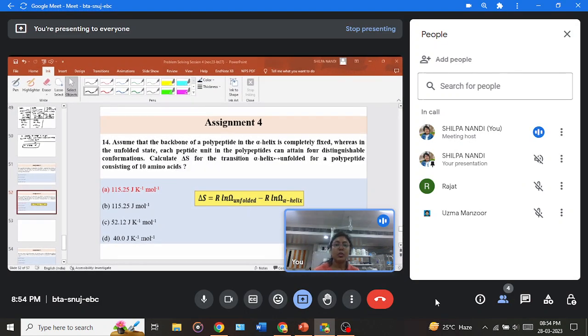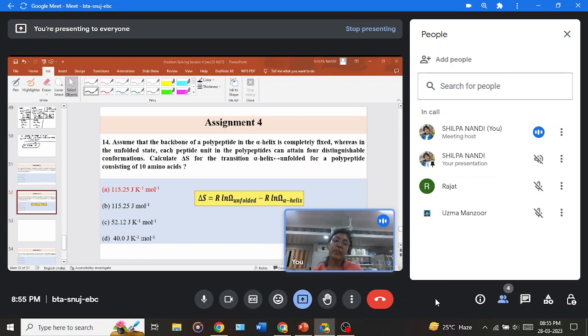So this is the particular equation from which you can solve the question. So delta S is equal to R ln sigma. As I already told you, S conformation can be given as R ln sigma. So R ln sigma unfolded minus R ln sigma of alpha helix. So in case of unfolded state, a particular peptide unit can attain 4 different conformations.